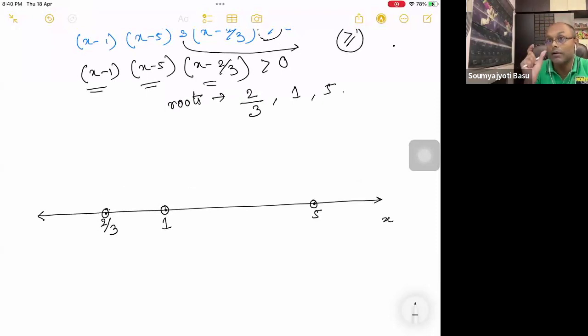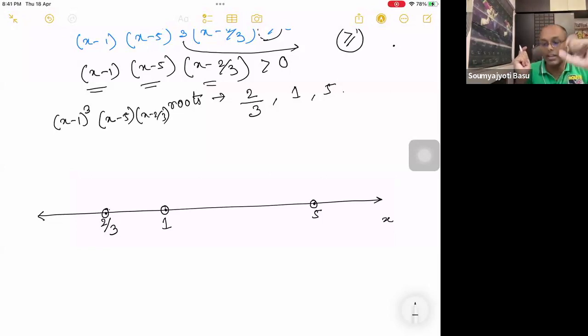In fact, a very important point. Let me make this very important point. If, let's say, there are 3 roots at a certain point, let's assume that the equation is something like this: (x minus 1) whole cube, (x minus 5), (x minus 2 by 3). At 1, there are 3 roots in this case. Even then, there would be a fluctuation in sign.